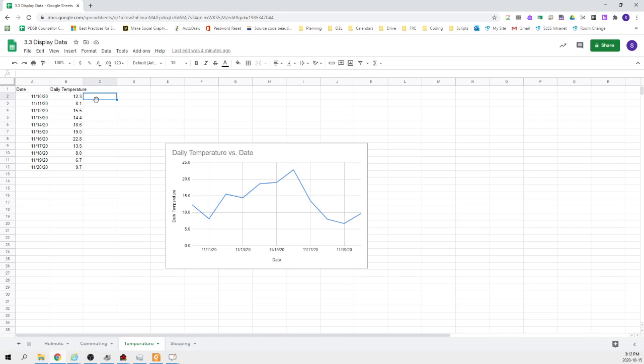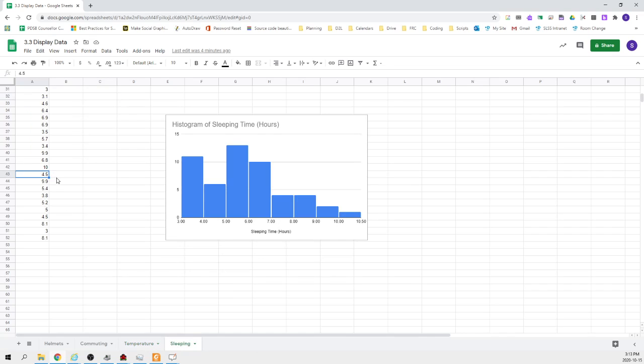There's an infinite number of possibilities because we could have like 9.345 degrees Celsius or 11.205 degrees Celsius. So we call this continuous data. Same thing with sleeping, because we're measuring a quantity of time. Time is continuous because it can be any sort of value between 3 and 10 hours, if that's what the range is.